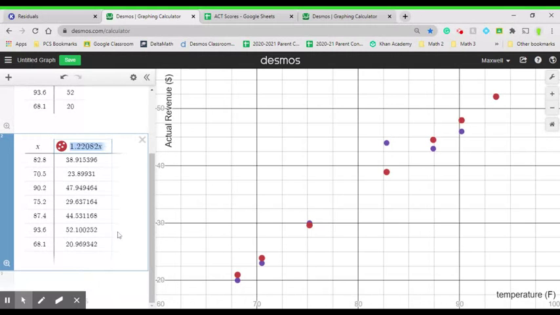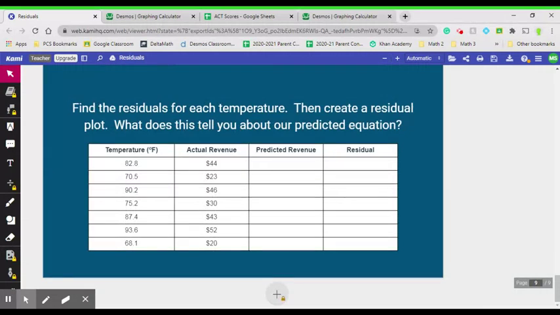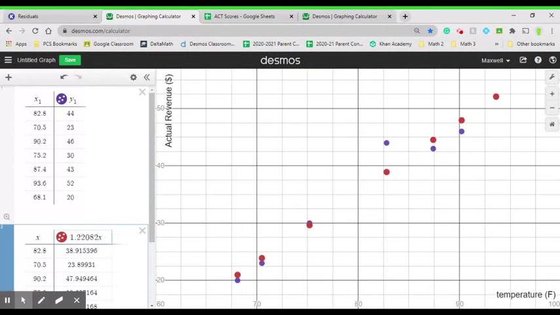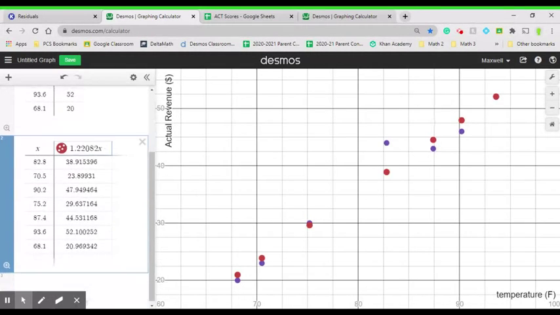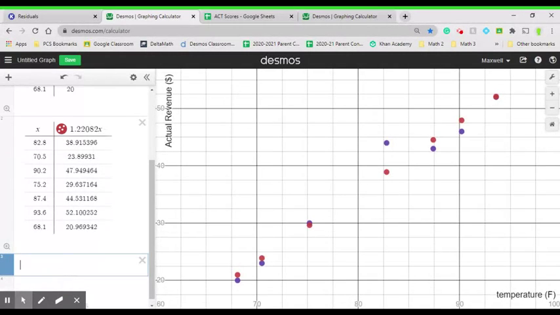So now, in order to wrap this up, if we look back at our PowerPoint, we had our predicted value, and so we're now going to do our residuals, our residual values. So we would just be doing 44 minus 38.9, 23 minus 23.89, 46 minus 47.9. And so we can try just some of those out.